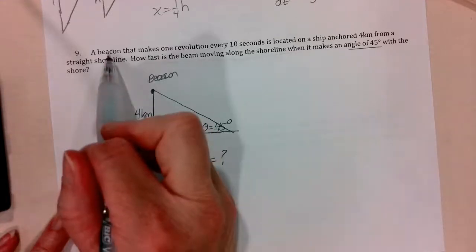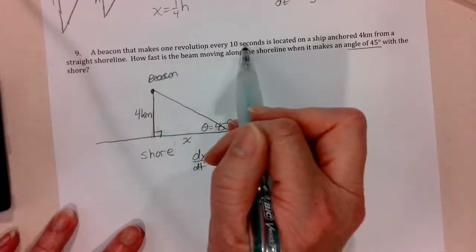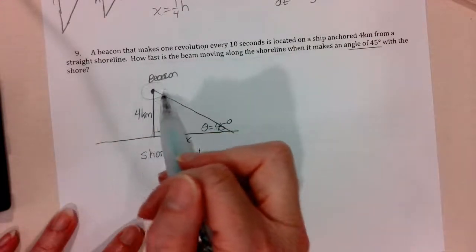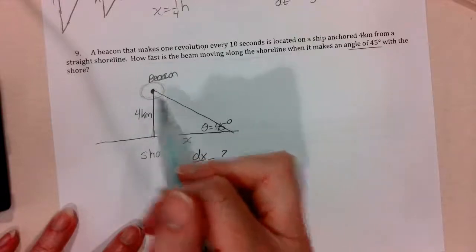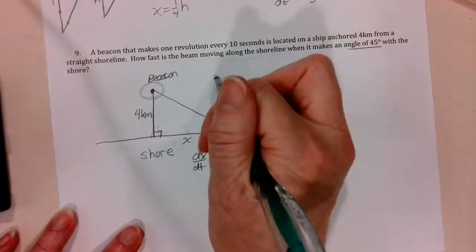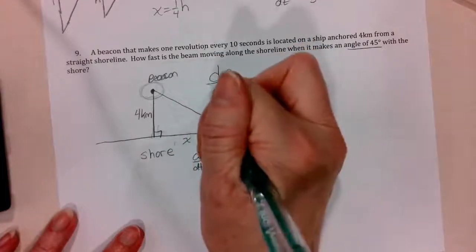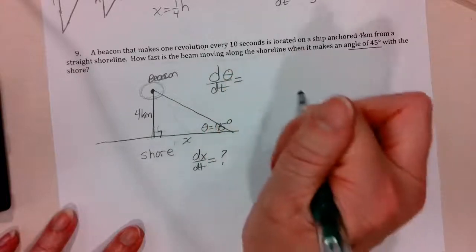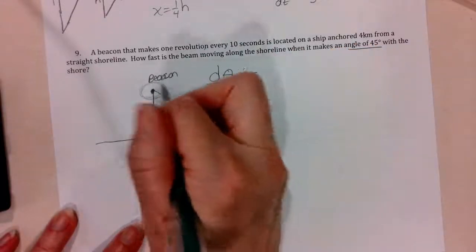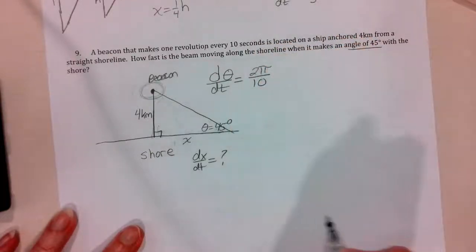Then I look at the other information that was given. It makes 1 revolution every 10 seconds. Well, the revolution is movement in a circle, which is impacting theta, because when this is 45, this is 45. So that means the change in the angle with respect to time, since it goes all the way around, a complete rotation is 2 pi, it does that in 10 seconds.